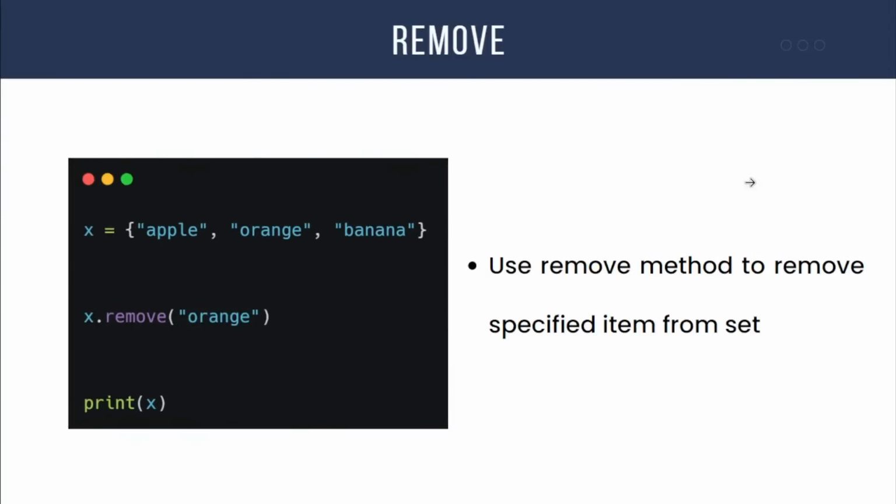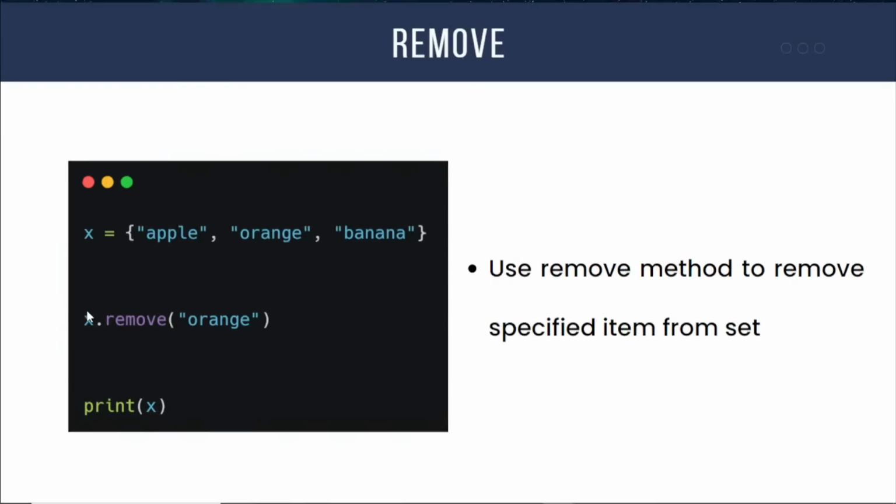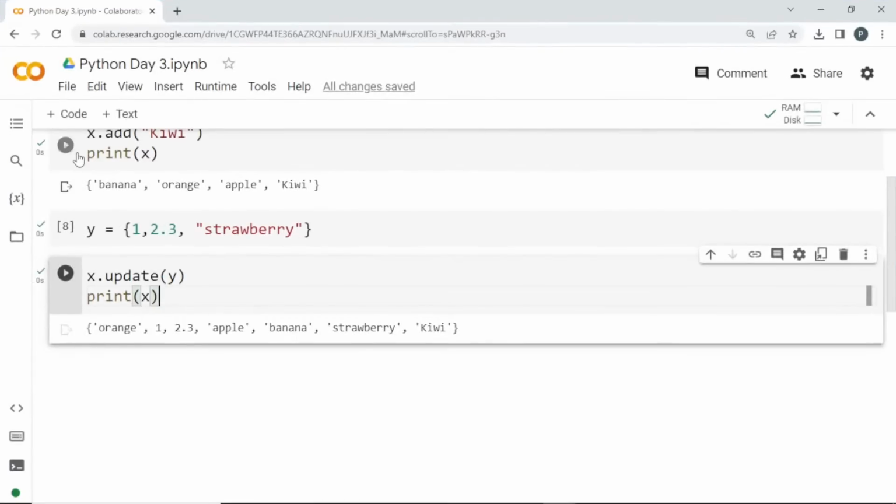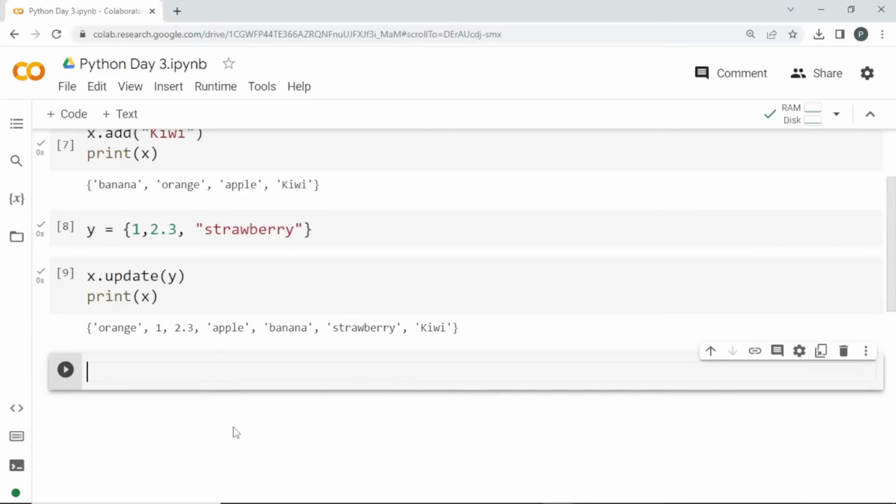Okay. And we have seen about how to add and update. The next one will be removing an element. So if you want to remove any specific element, you can use this dot remove. This is similar to a list. You can use this dot remove and specify the name of the element. So that thing will be removed from your set. We'll try to do that. So now in X we have these things, right? I'll call X to remove kiwi.